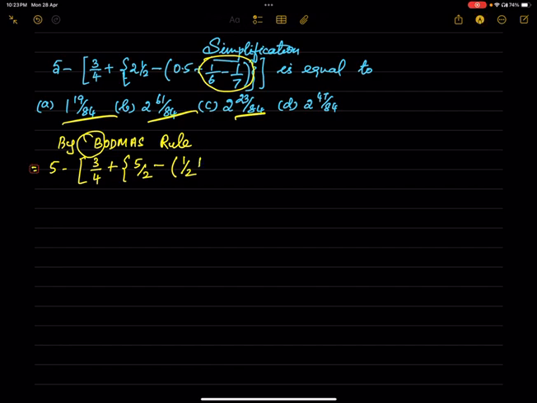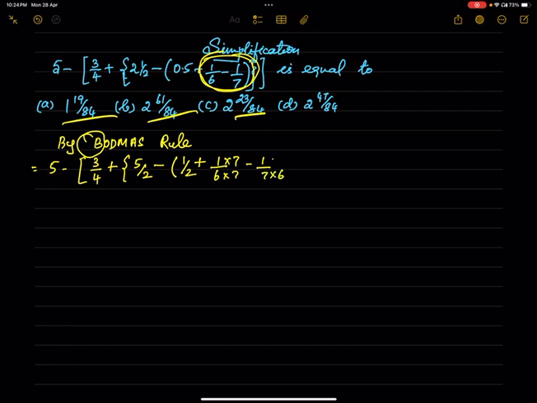Then plus, my intention is to remove this bar bracket. What is the LCM of 6 and 7? 42. So 1 over 6 into 7. Multiply numerator as well as denominator by 7 to convert that denominator into 42.